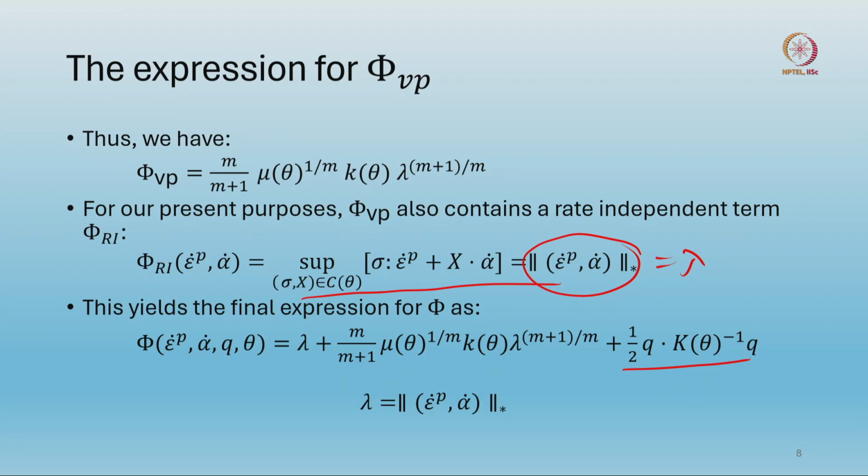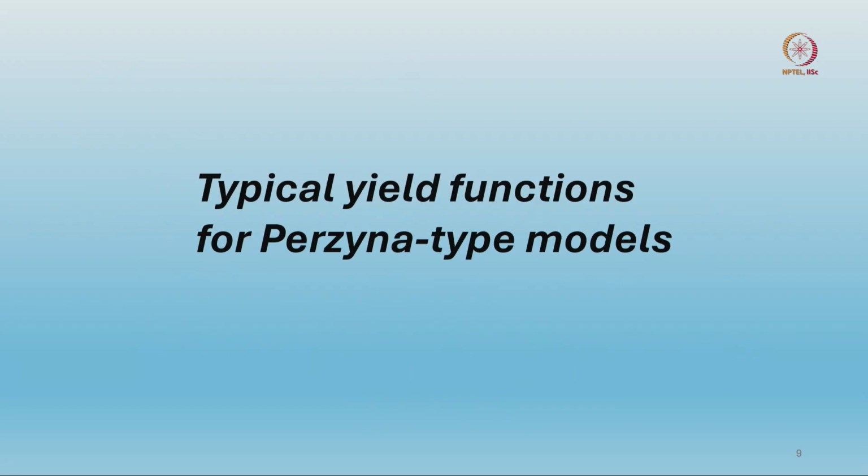And q is the heat flux. This is the rate dependent part. You see that if mu is 0, then we recover the rate independent plasticity, which you must always remember. And lambda is the dual norm. So this is my scenario so far.